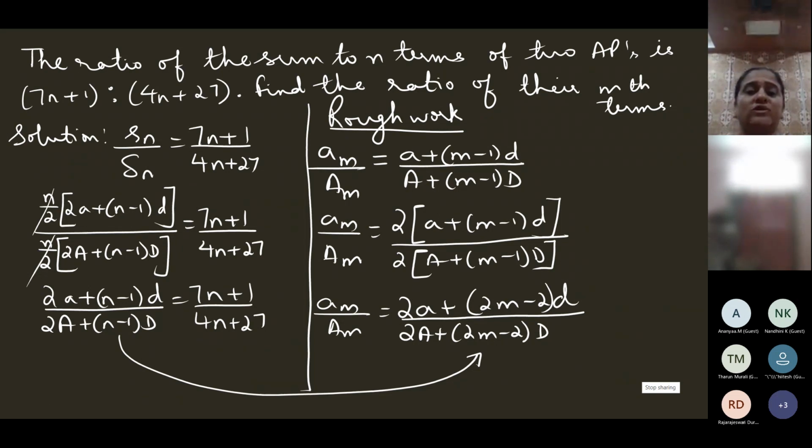Please compare the coefficients of D. Everywhere we have 2a, leave that. In our working, we have n minus 1 as the coefficient of D, but in the rough work, we have 2m minus 2.